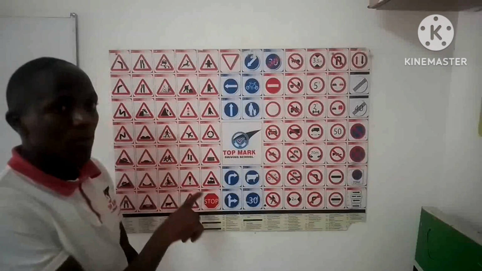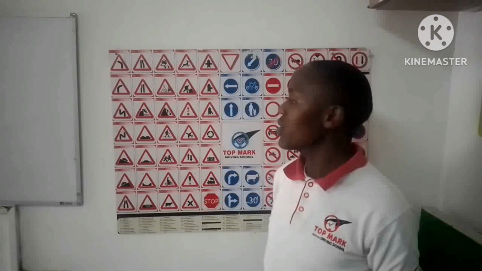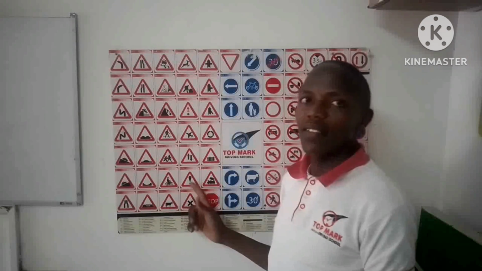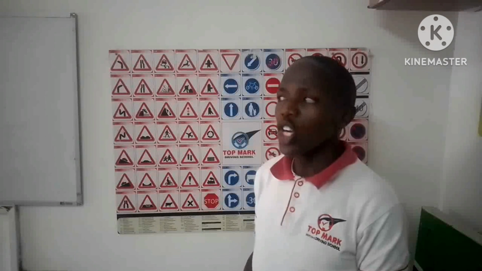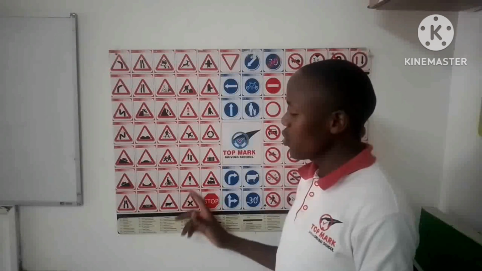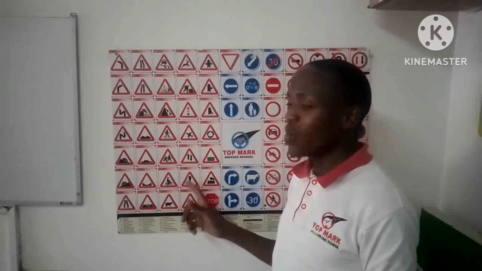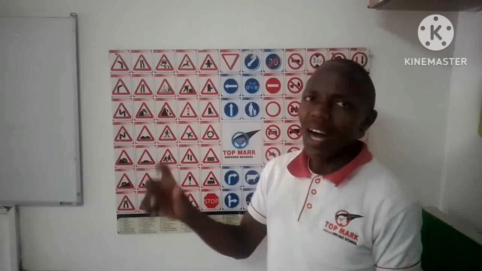So this one talks to the driver of a black spot. It talks more of a black spot, or a place where most accidents normally occur. So maybe you are driving or traveling to a certain place and you find this kind of sign. It's known as hazard ahead. So you have to be keen and you have to slow down your vehicle. Most of us normally don't know the meaning of it, but it talks about places where most accidents normally happen.